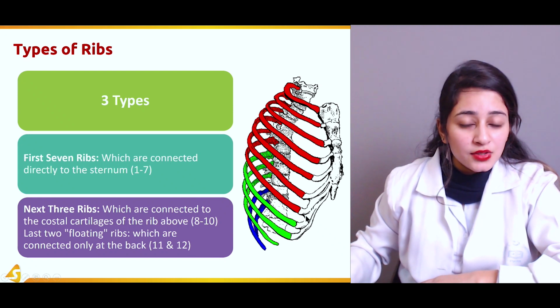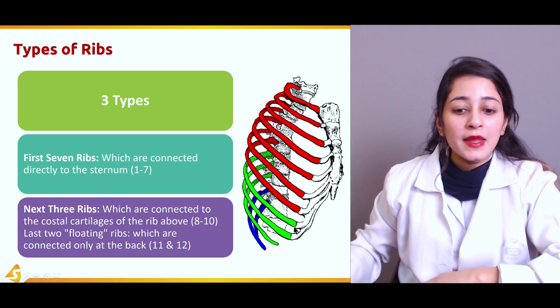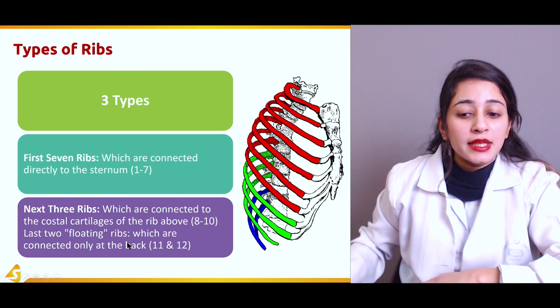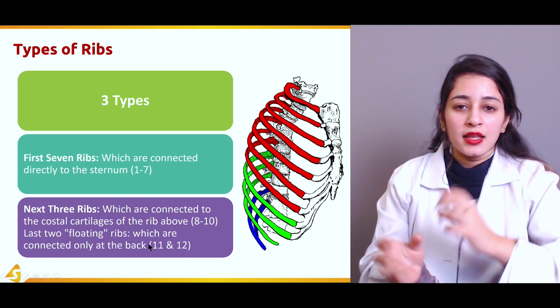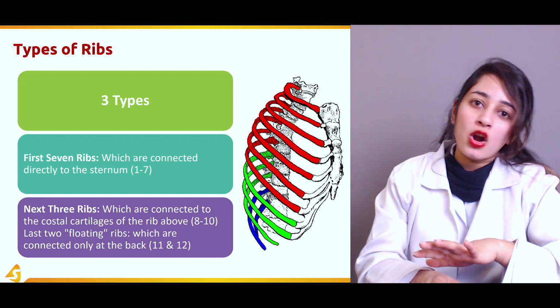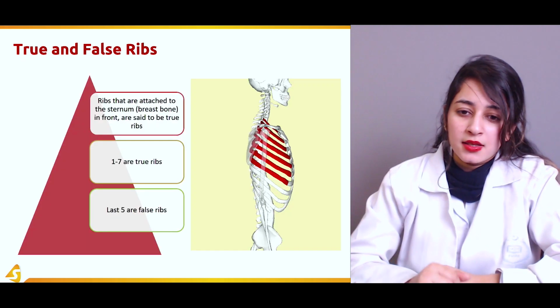These 3 ribs are just getting merged to the one above. And the last 2 ribs, this green one and the blue one, are floating ribs, which are connected only at the back. They're connected at the back and they come up to the front and are just floating. They're not connected to any structure of the body. Hence they are known as floating ribs.